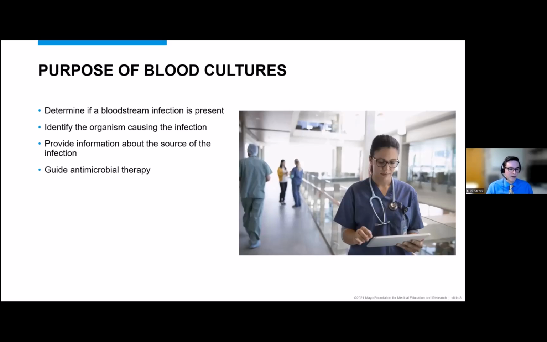We talked about where some of these causes can occur that result in bloodstream infections, and so identifying potential sources in other places in the patient's body prompts further workup.